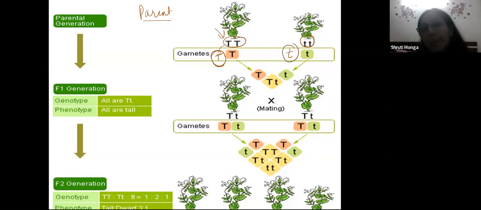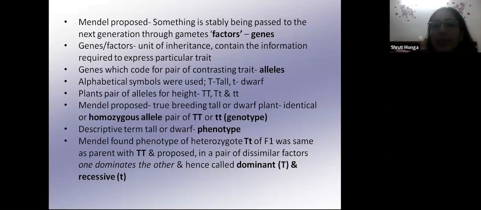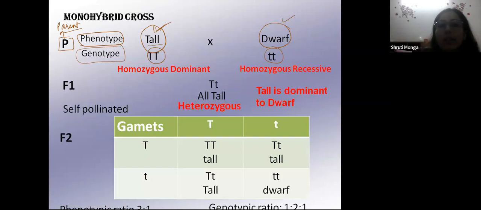Okay. Now what will happen? These gametes will fuse with each other. So how is it happening now? See this. Gamete has come. From here, it is capital T. From here, it is small t. Right. So what would the F1 generation be?